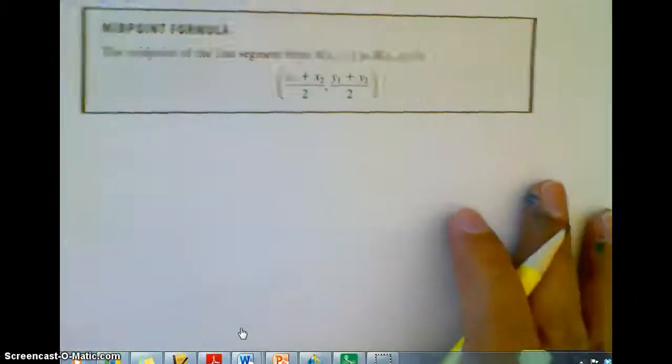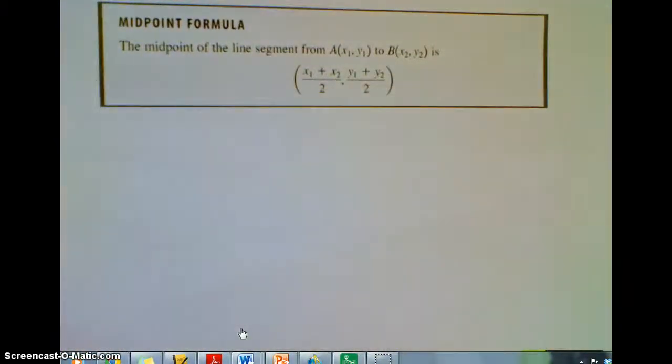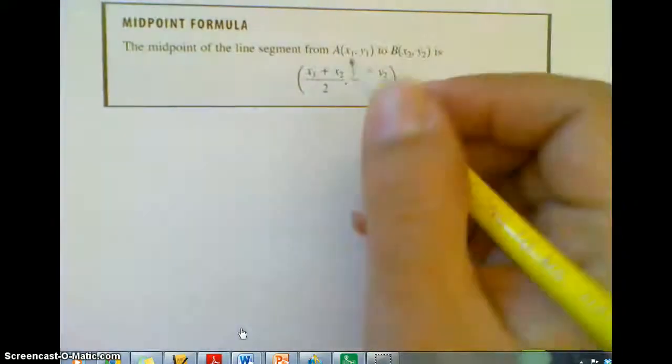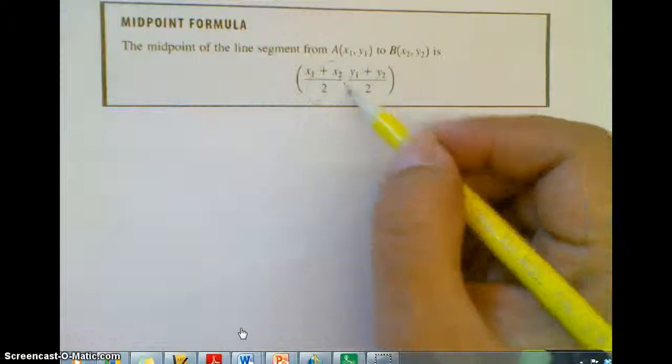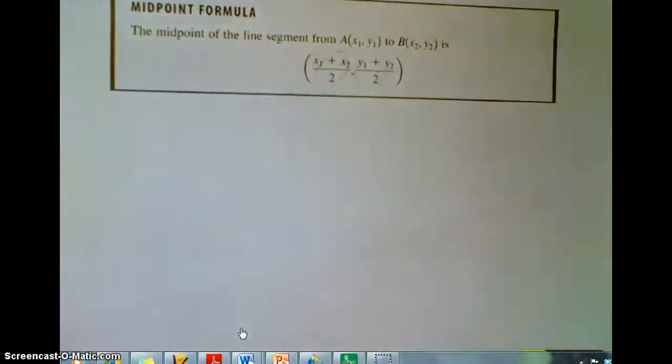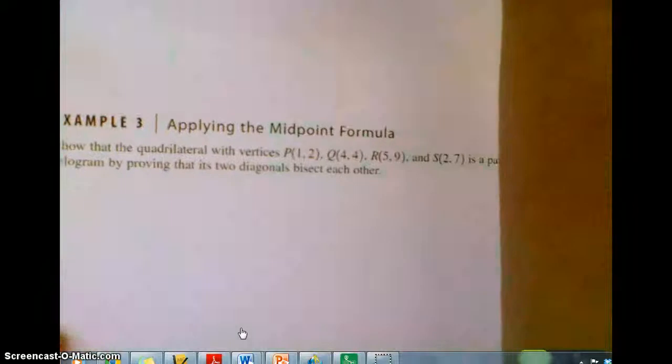And this is the exact formula that you have right here. I don't think it's new to you, but in case you didn't know it this way, it's just the average of the x's and the average of the y's. That's pretty simple.